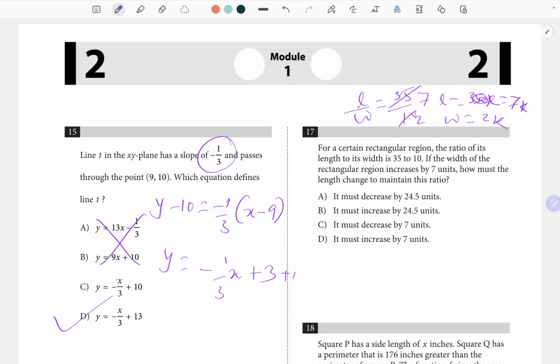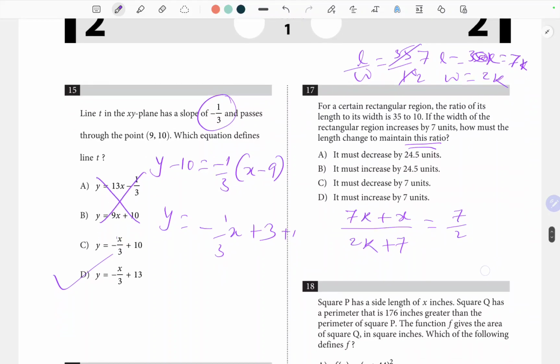Okay, if the width of the rectangular region increases by 7 units, how must the length change to maintain this ratio? Okay, so length is 7k plus x units, suppose we increase, and width was 2k and we have added 7, but the ratio is the same, right? 35 over 10, which is 7 over 2.